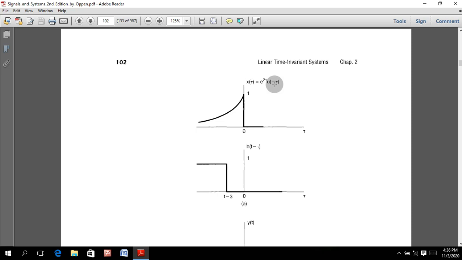We know that a step signal is a stream of impulse signals where the value of the step signal will be 1 when the value of n is greater than or equal to 0. So we will find a non-zero value, simply the value 1. When we put minus 1, or 0, you will find a value. So that's why this graphical representation is shown in this way. At 0 we will find 1.